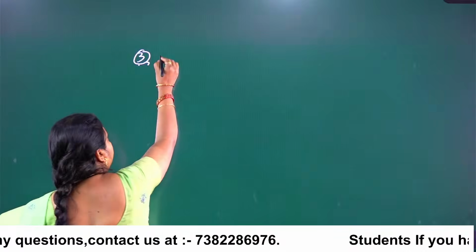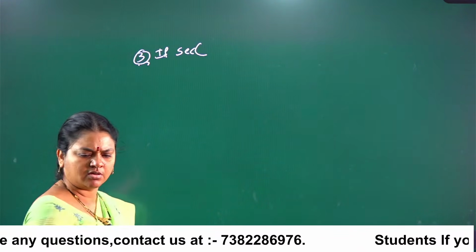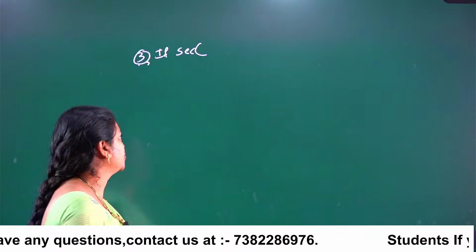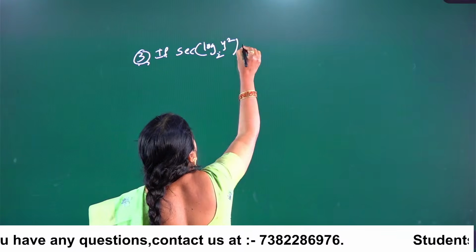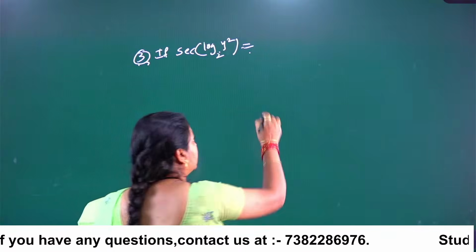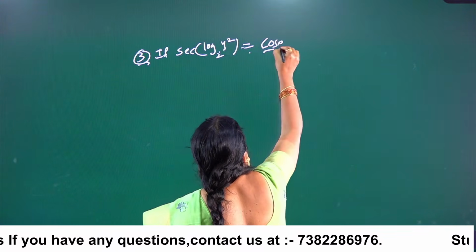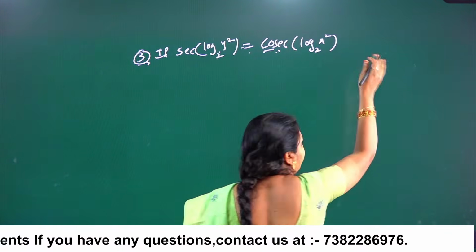If sec of log y square base 2 is equal to cosec of log x square base 2, then find dy by dx.